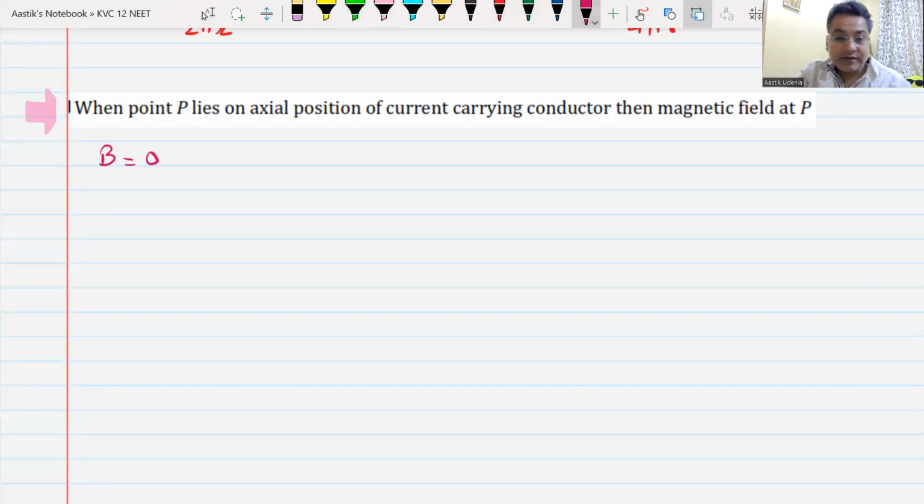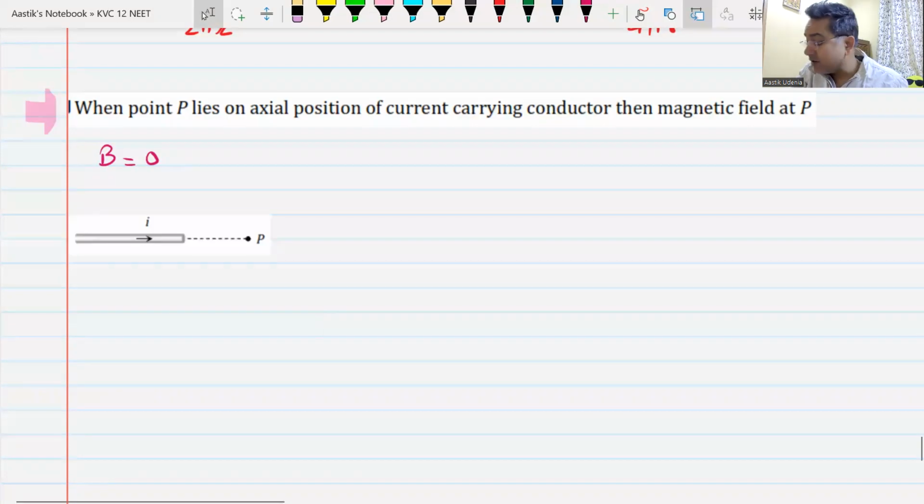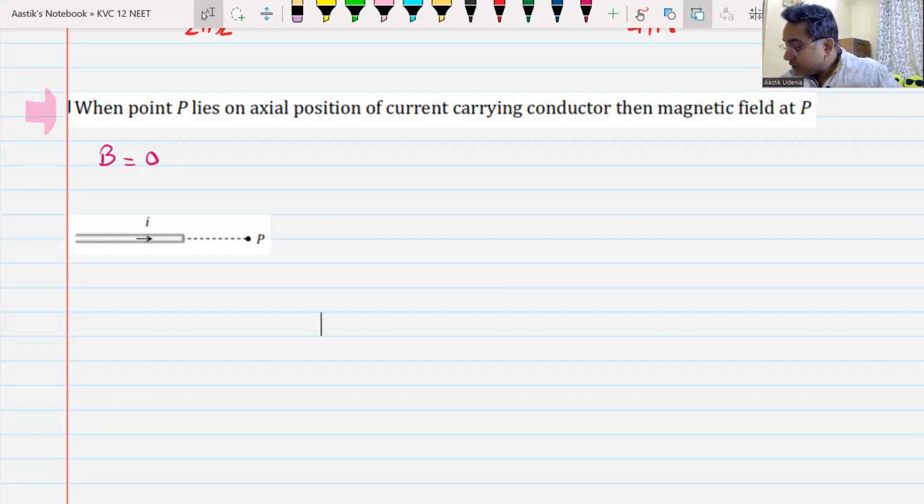What do I mean by axial position? The position like this, that the point lies directly ahead of the wire, or the point lies directly behind the wire.